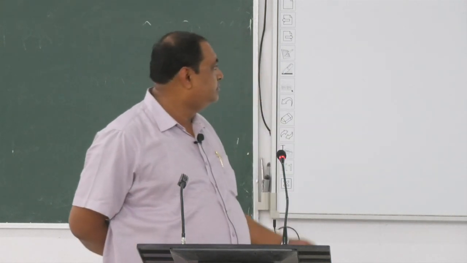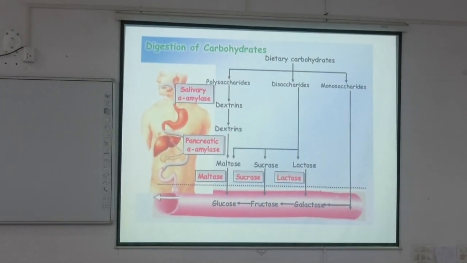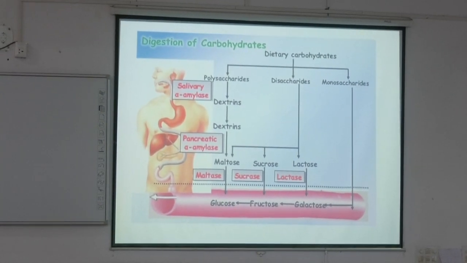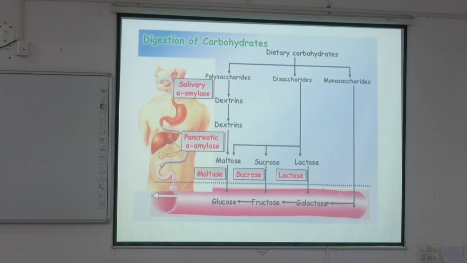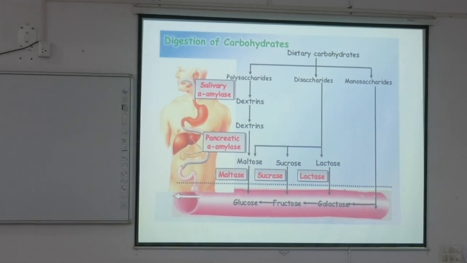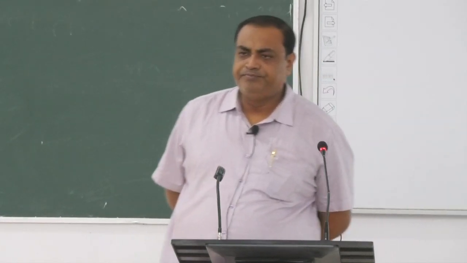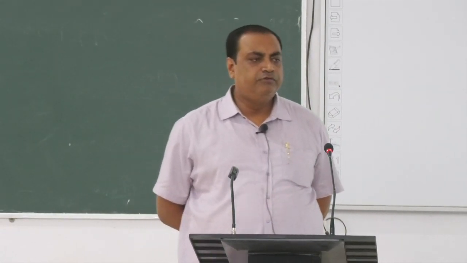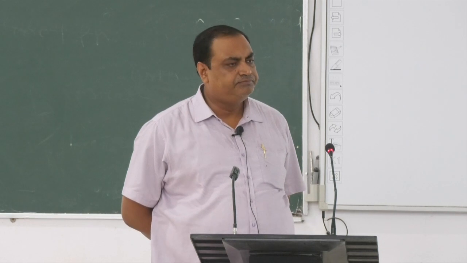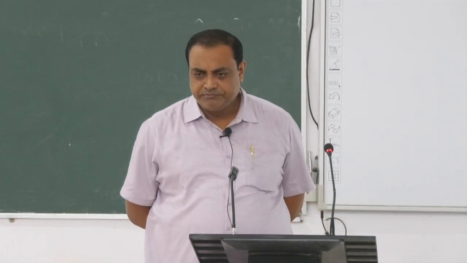Initially, the food is broken down by salivary amylase. Salivary amylase enzyme comes from the secretion of saliva. Now, in the buccal cavity, the food is churned and mixed with saliva, but it stays for a very short period of time, right?